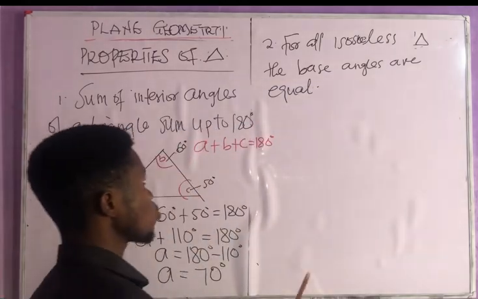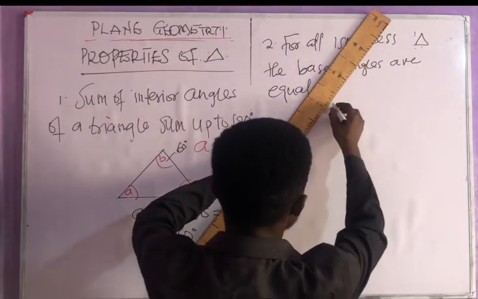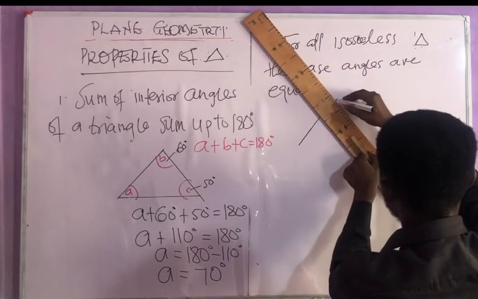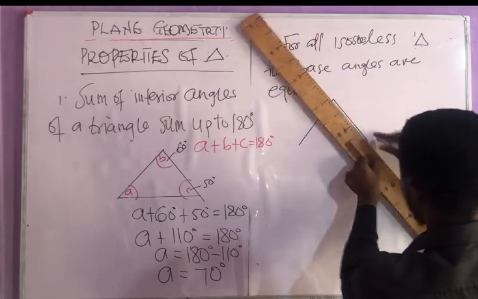I said this one too. So let's assume that I have this triangle here, which is my isosceles. I hope you understand isosceles now.